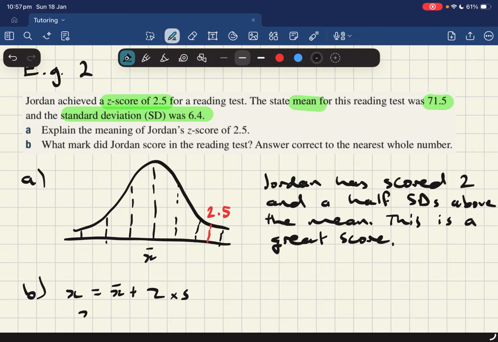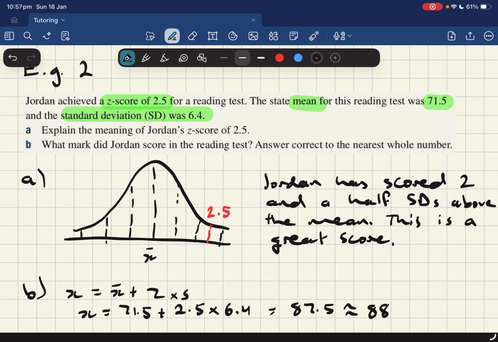So the score is the mean 71.5 plus the z-score 2.5 times 6.4. So this gives you 87.5, which is approximately 88. So he scored 88 on this actual reading test.